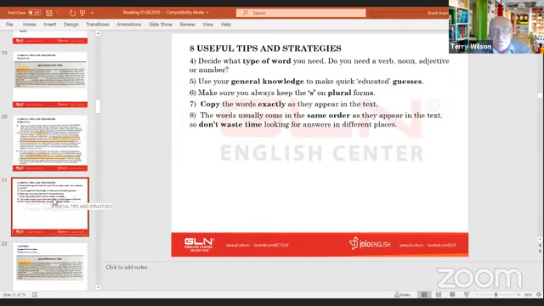So when answering this, you need to decide what type of word you need. Do you need a verb, a noun, an adjective, or a number? Use your general knowledge to make quick, educated guesses. Make sure you always keep the S on plural forms.